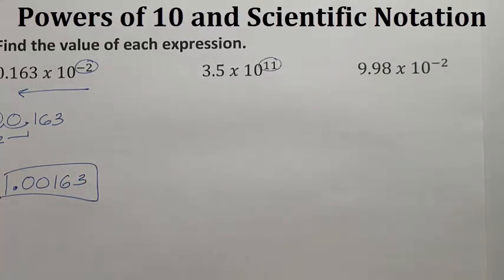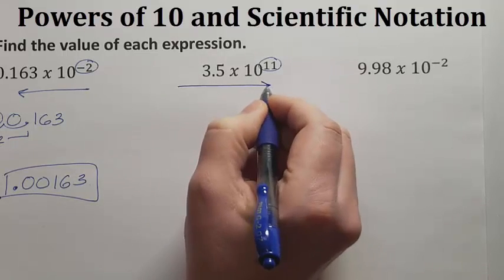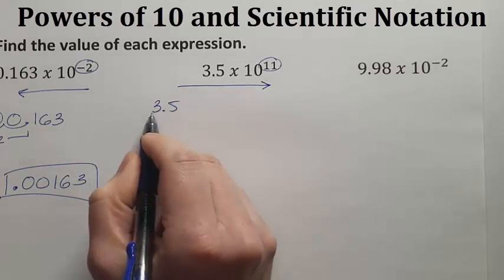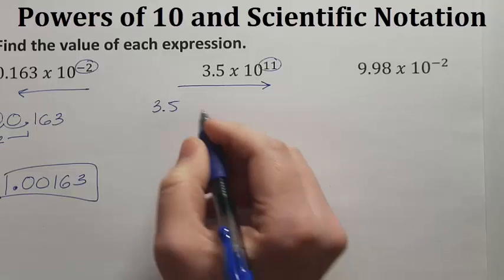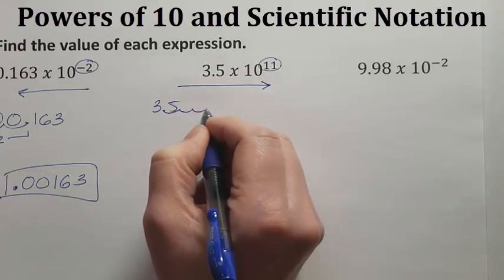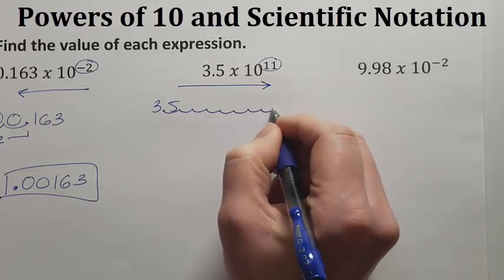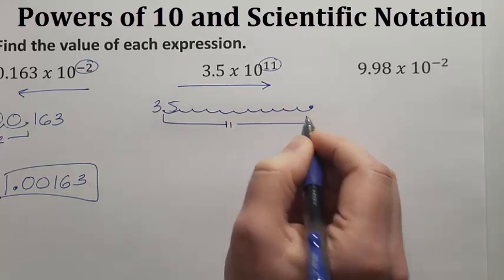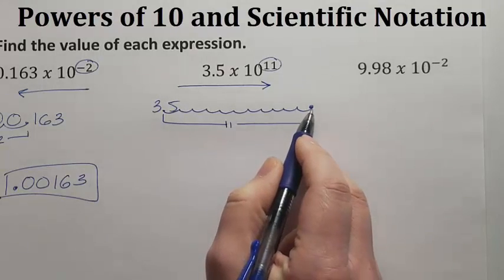I have a positive power, which means my number needs to get bigger. Numbers get bigger on the number line moving to the right. I started off with the original 3.5. I need to get bigger by 11 placeholders. So 1, 2, 3, 4, 5, 6, 7, 8, 9, 10, 11. This was 11 placeholder moves. There's my new decimal point.